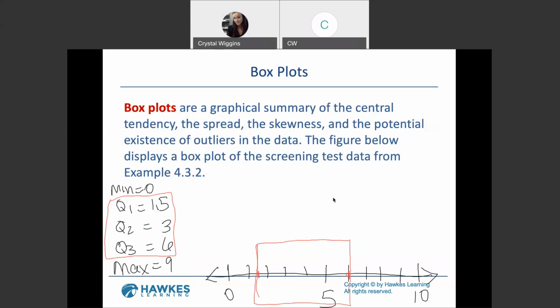So the box of a box plot goes from Q1 to Q3. Then you take the median 3, 1, 2, 3, and draw a straight line. Then you extend your whiskers to the minimum and the maximum.